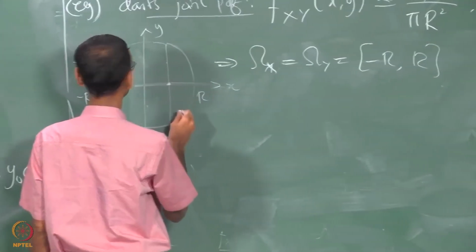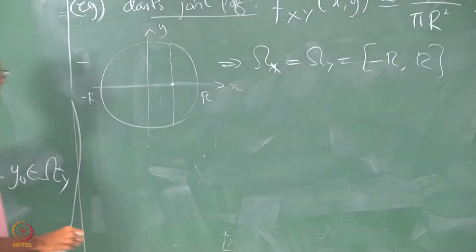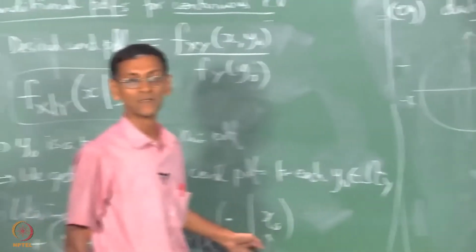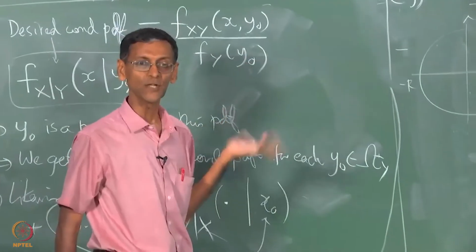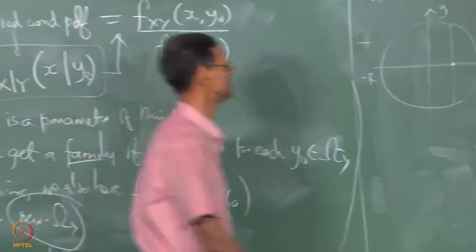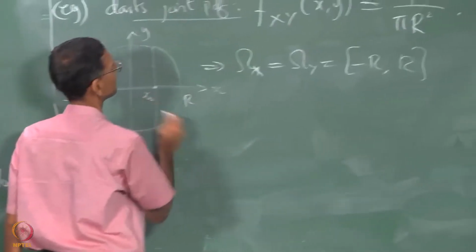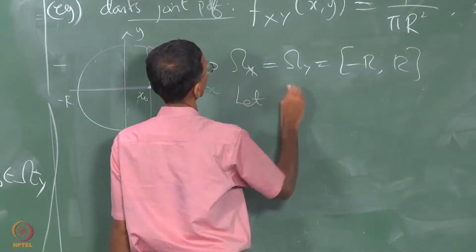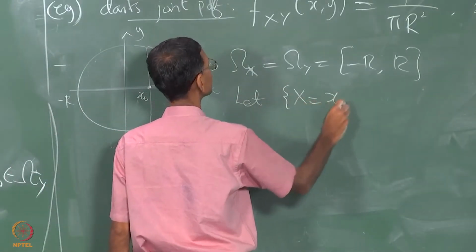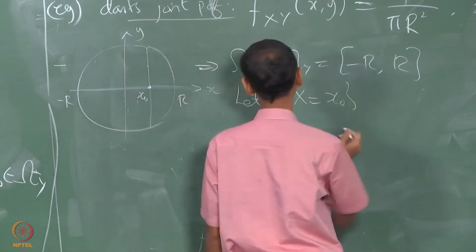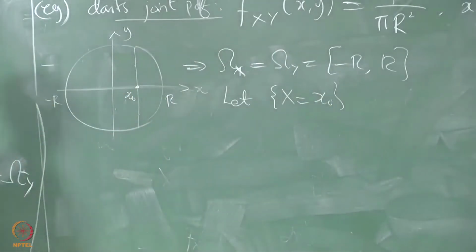So let us say we do this. If I draw a vertical line, it means obviously we are conditioning on x. If I draw a horizontal line, it means we are conditioning on y. So let us say we are conditioning on x. So let this be the conditioning event, x equal to x naught.